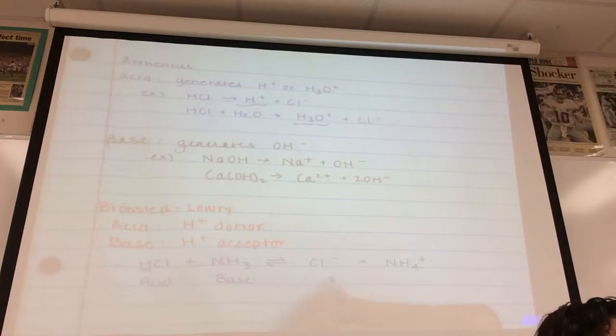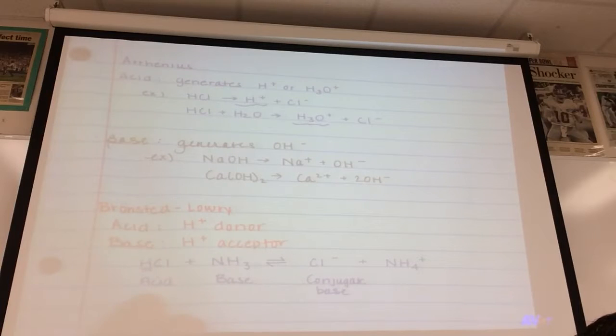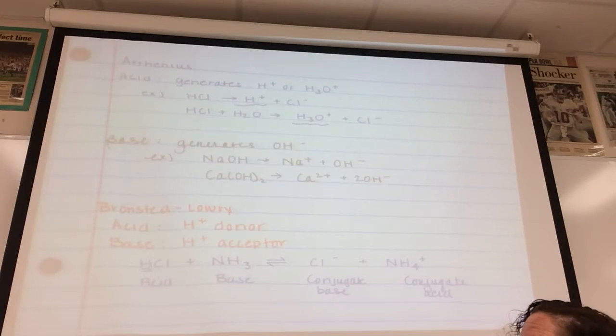It's not chlorine gas. This is the conjugate base of this acid, and this is the conjugate acid of this base. So acids are proton donors, bases are proton acceptors.